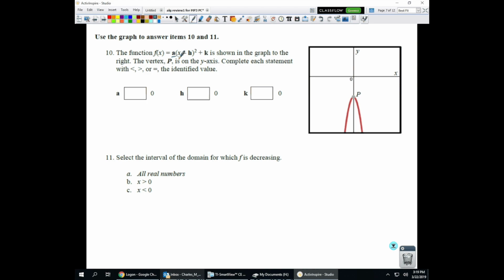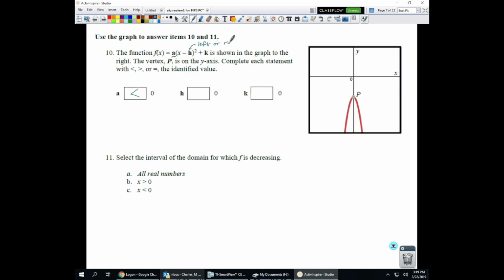So we're left to say, well, it's either less than 0, a negative number, or greater than 0, a positive number. Since this parabola in the picture is open down, it has to be a negative value. So A must be less than 0. The H controls whether the parabola moves left or right.